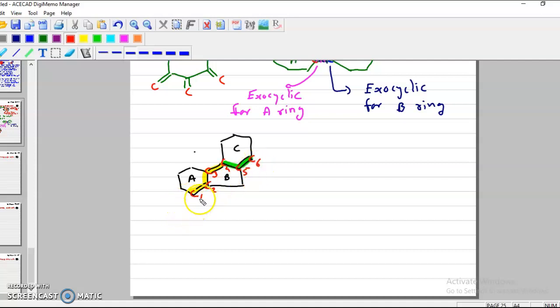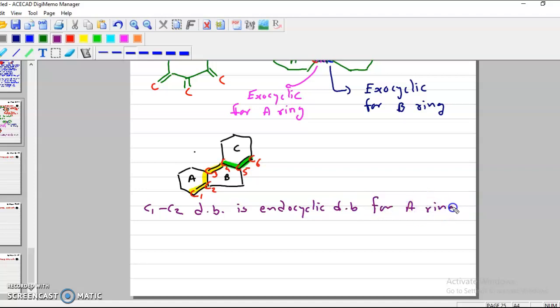Okay. Now the double bond between C1 and C2 is in A ring. So this is an endocyclic double bond for A ring. So the C1, C2 double bond is an endocyclic double bond for A ring.